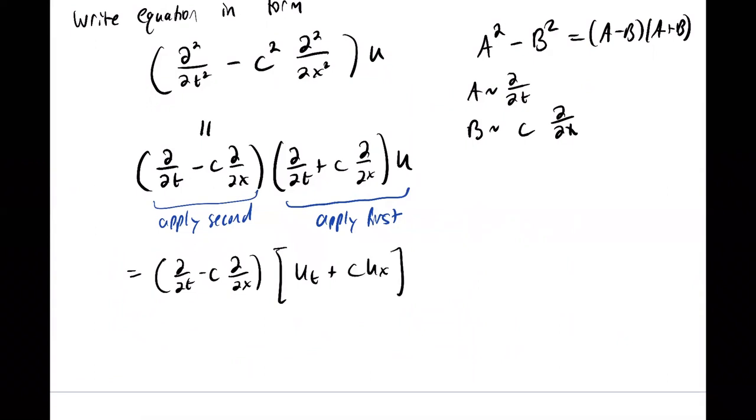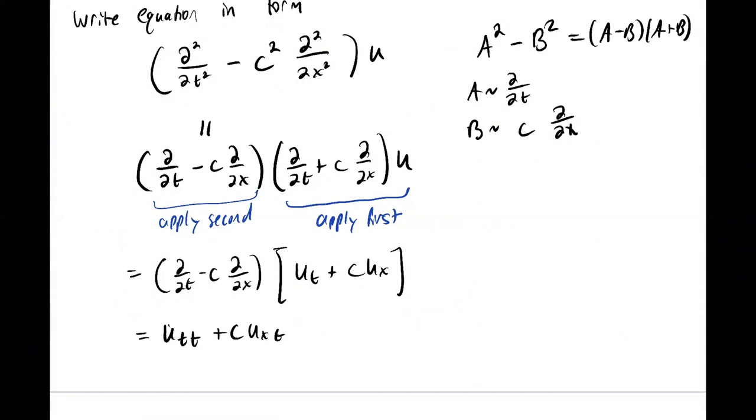So I applied the first operator that's closest to u. And then now I have this new function, u_t plus c u_x, which is a new function. And now I'm going to apply the second operator. And so what do I get? Well, I'm taking the derivative with respect to t. So if I apply that to the first term, I get u_tt. Now let me apply the d/dt to the second term, so I get plus c times u_xt.